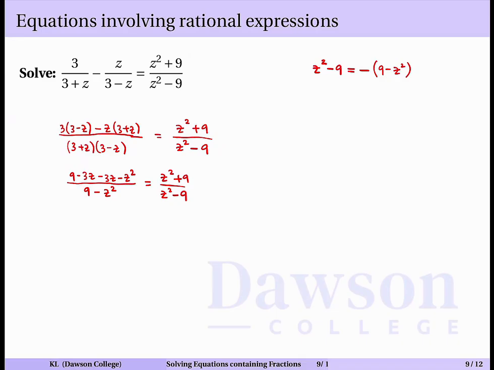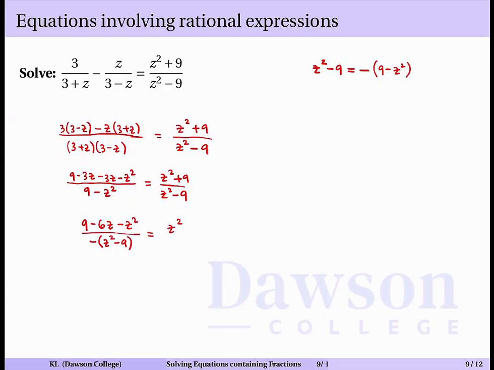If we simplify the numerator on the left hand side, you will have 9 minus 6z minus z squared. Denominator, we can rewrite this denominator as negative of (z squared minus 9).